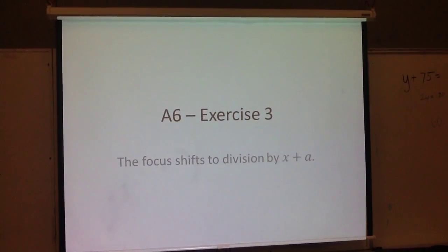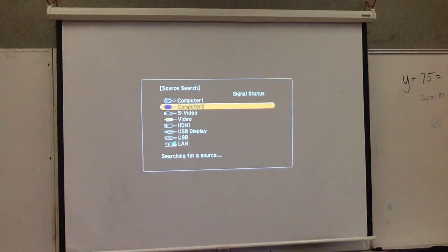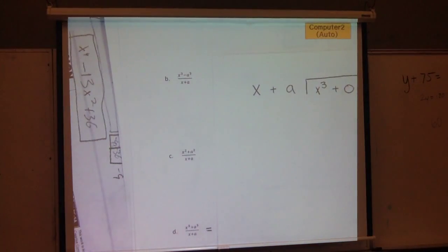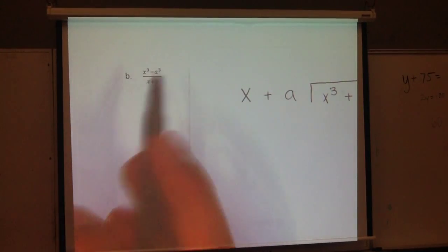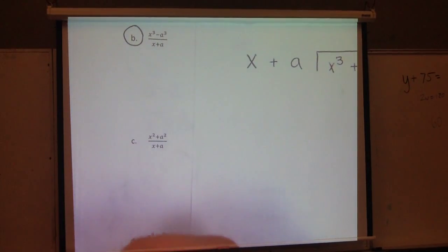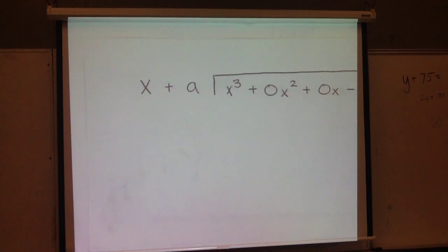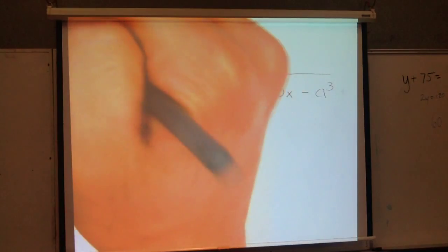In exercise 3 from A6, the focus shifts to division by x plus a. So let's go ahead and look at the first problem. We're going to look at B, and we'll also look at D. In problem B, I've set the problem up just like this.